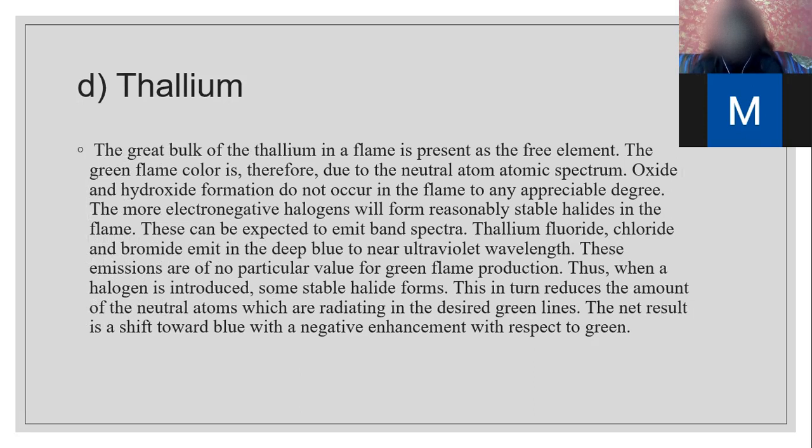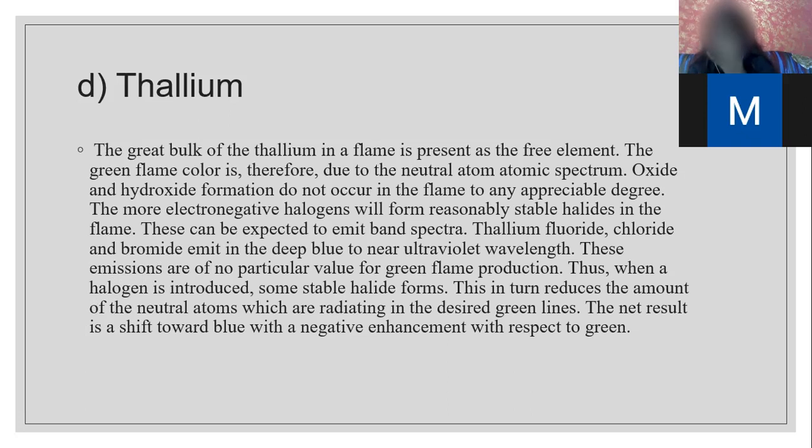The more electronegative halogens will form reasonably stable halides in the flame. These can be expected to emit band spectra. Thallium fluoride, chloride, and bromide emit in the deep blue to near ultraviolet wavelength. These emissions are of no particular value for green flame production.